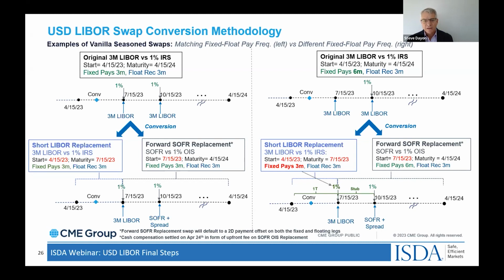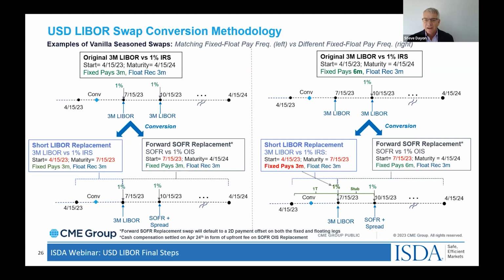We book a short dated LIBOR swap to account for that last representative LIBOR fixing. So in this case, that short dated LIBOR swap will have a start date of 4/15 and mature on 7/15, so it'll capture that last representative LIBOR fixing.